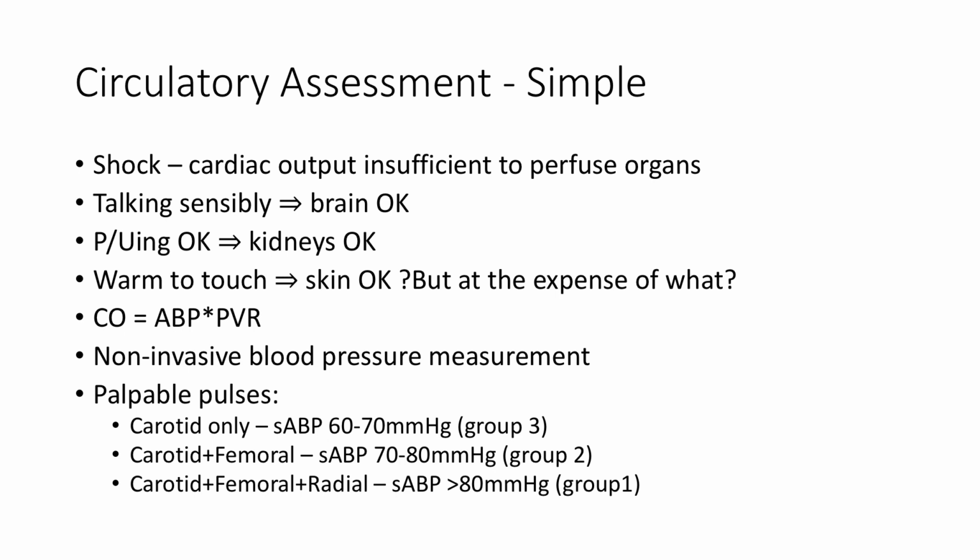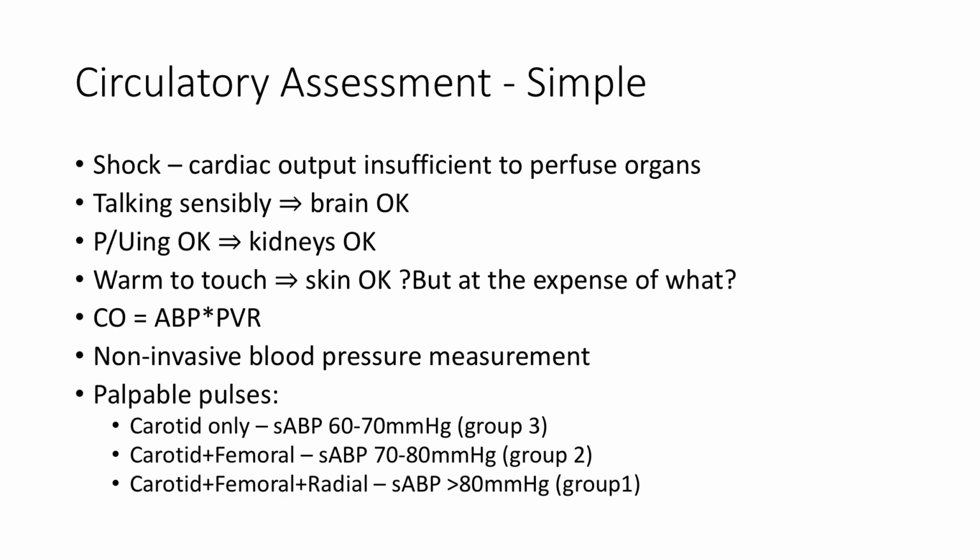But just have a think, at the expense of what? Is the patient wildly vasodilated because of sepsis? Remember that cardiac output is equal to your blood pressure times your peripheral vascular resistance.